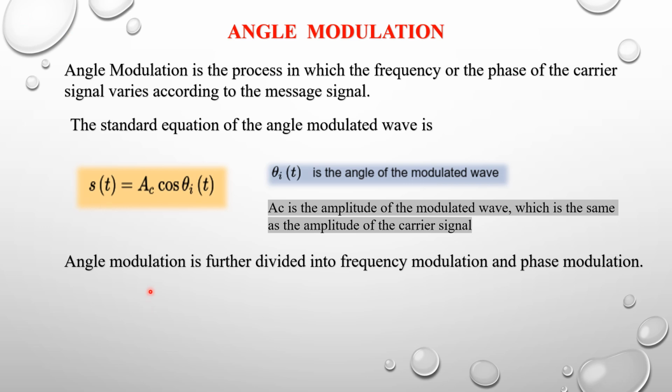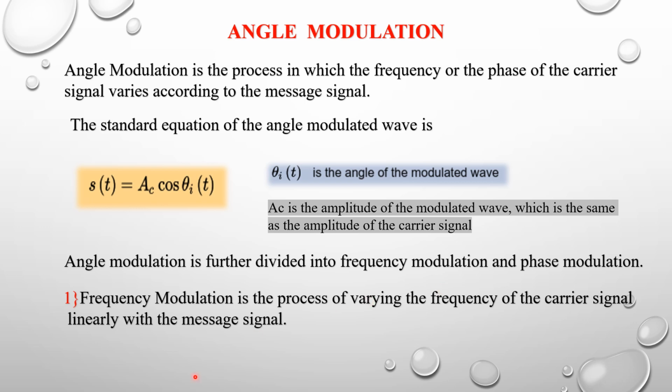This angle modulation is further divided into two types. The first one is frequency modulation and the second one is phase modulation. Frequency modulation is the process of varying the frequency of the carrier signal linearly with the message signal.